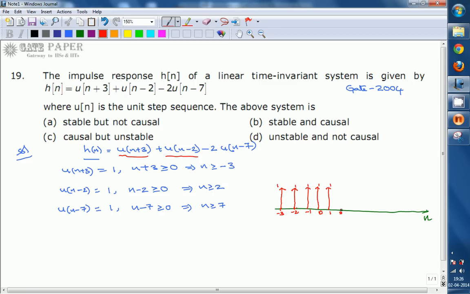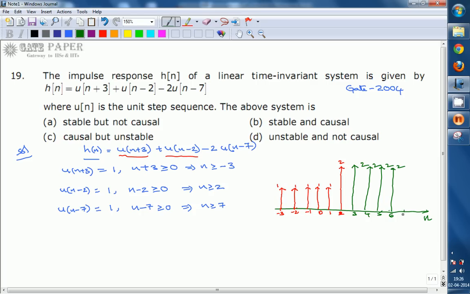So the amplitude at 2 becomes 2, and from 2 onwards we have an amplitude of 2, at 3, at 4, at 5, at 6, and at 7. See, from 7 onwards.